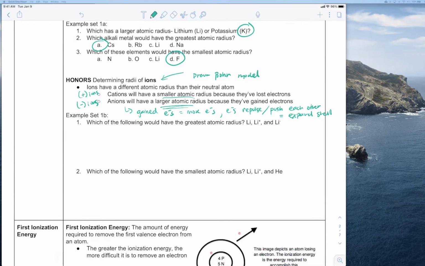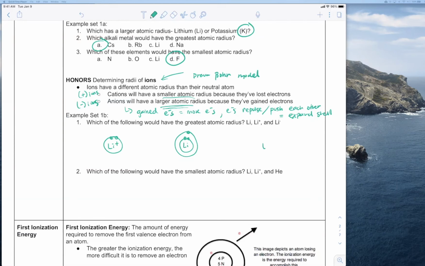Okay, so if I have lithium, I'll draw the neutral one in the middle. Right, so neutral lithium has three electrons. So if you have lithium positive, that means you've lost an electron.